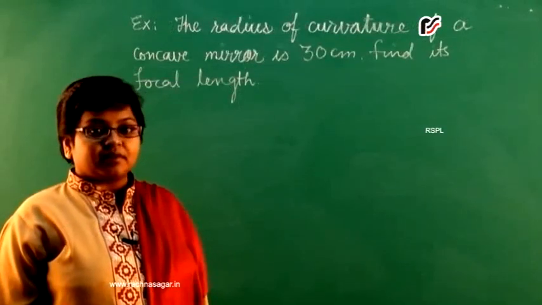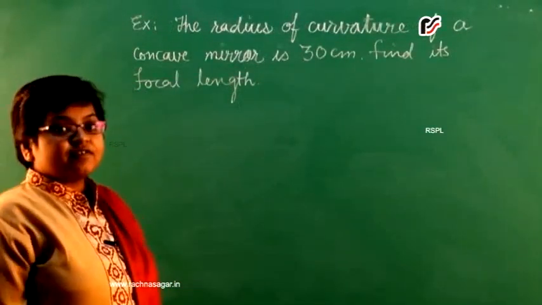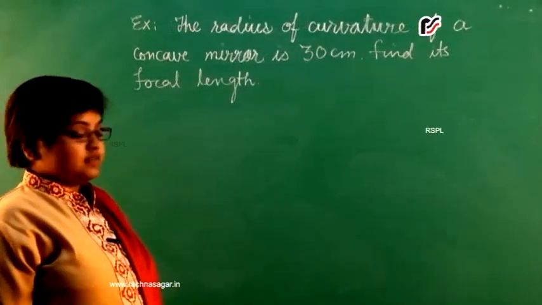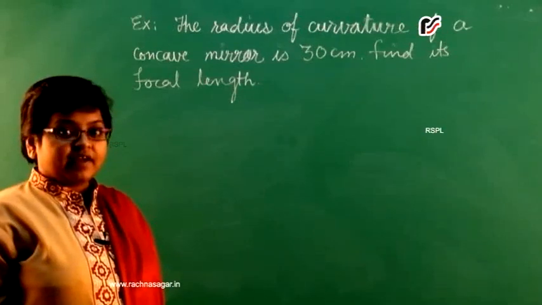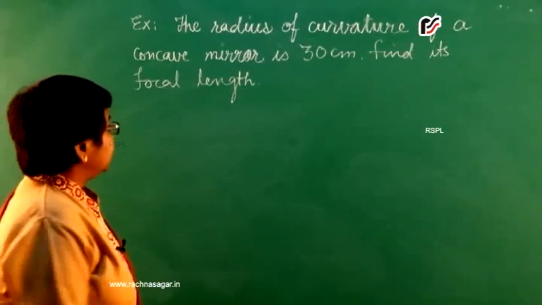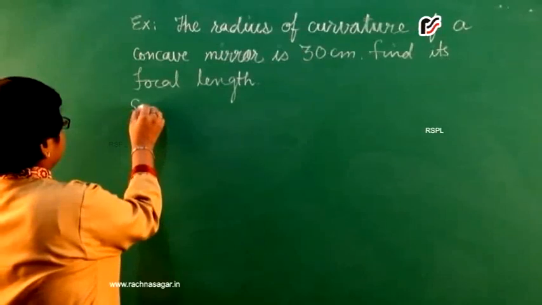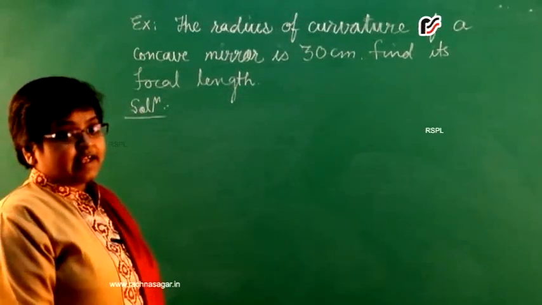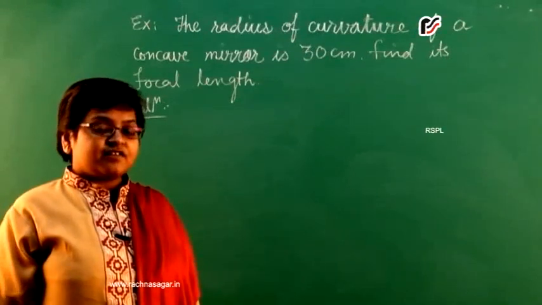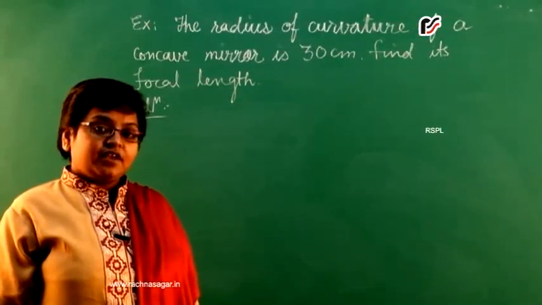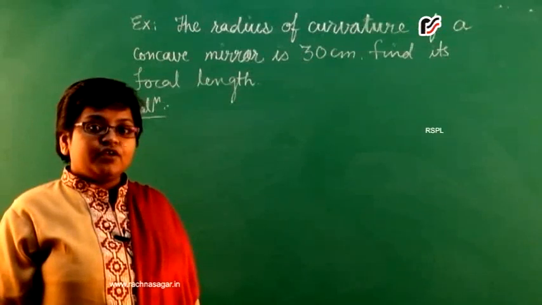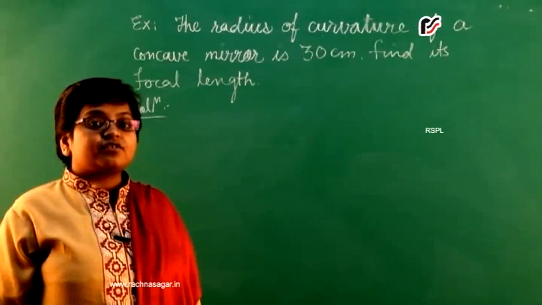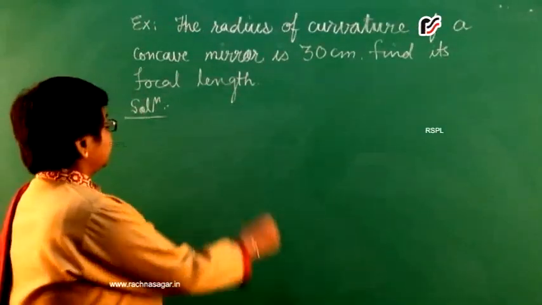Let us take an example. The radius of curvature of a concave mirror is 30 centimeter. Find its focal length. As we know that the center of curvature of the concave mirror is on the left side of the pole, the radius of curvature of the concave mirror is always negative.